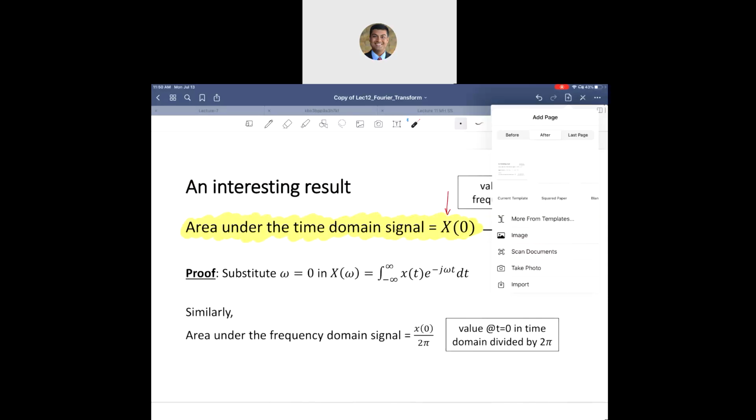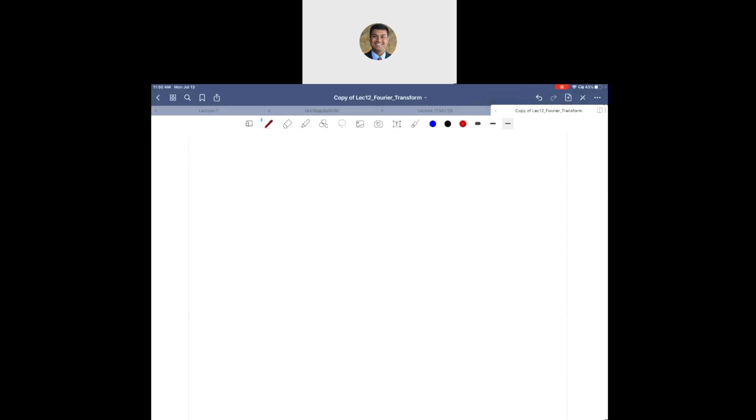In other words, I can do this. Time, x of t, negative 2, 3, 1, 0.